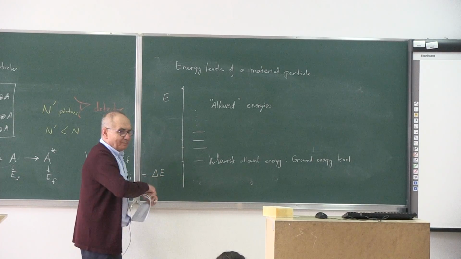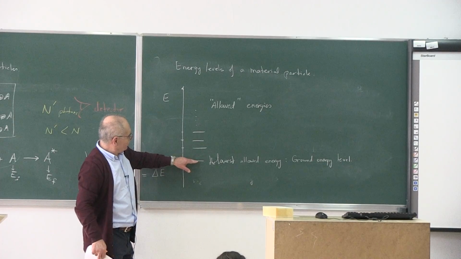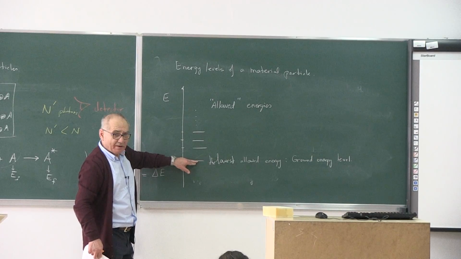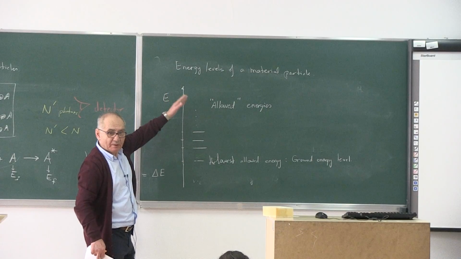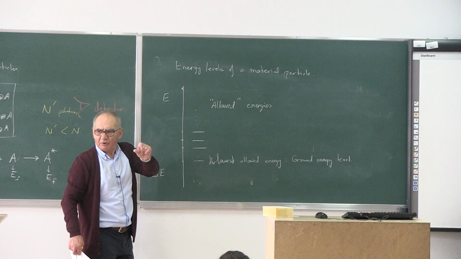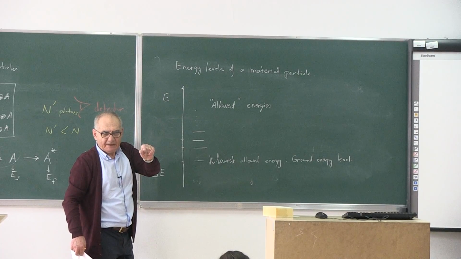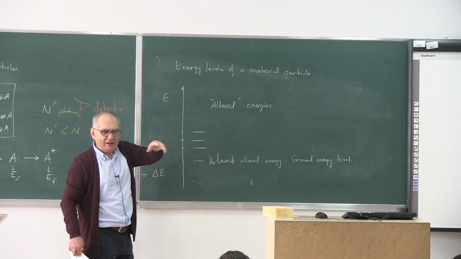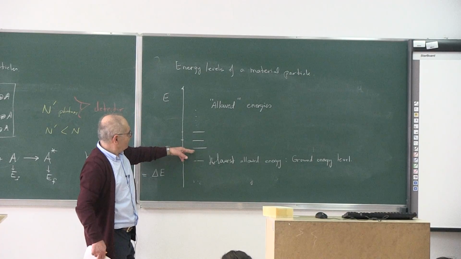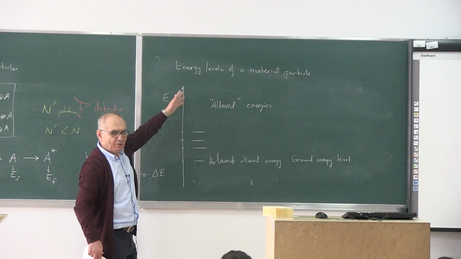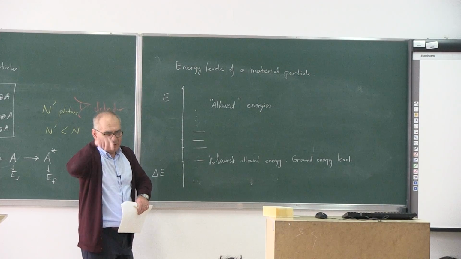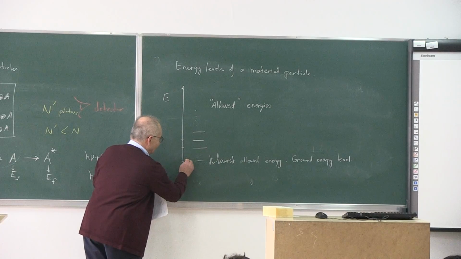Now, let us number them. I will number the energies starting with the lowest. Lowest is 1, 2, 3, 4, and so on. And sometimes the numbering starts with 0. All right? Sometimes the ground level is given 0, and then 0, 1, 2, 3. It goes on like that. But here, for this purpose, I will start with 1. So I will write this value as E1.